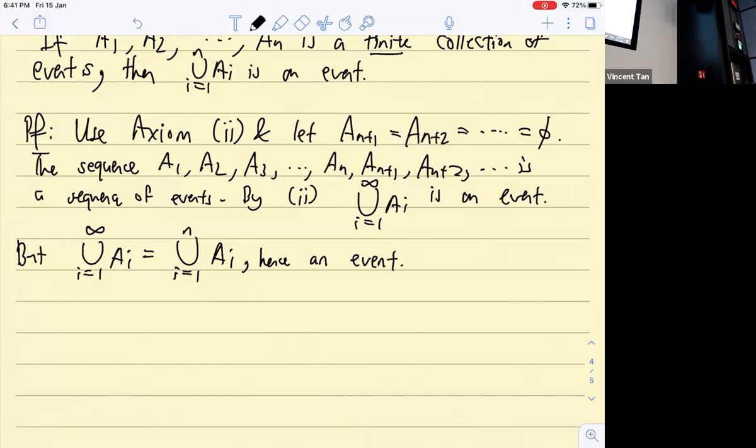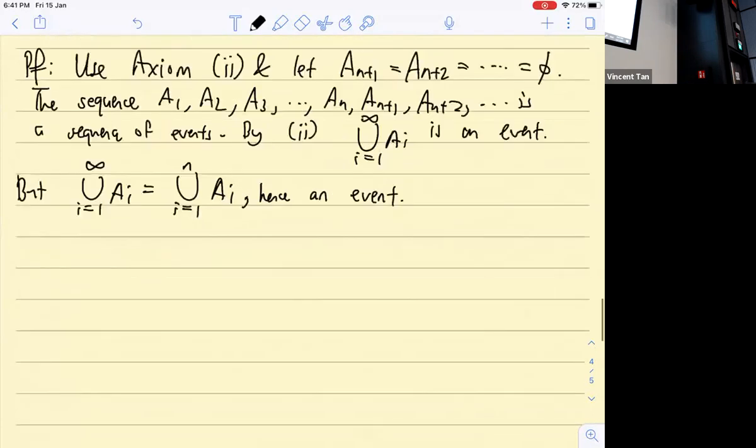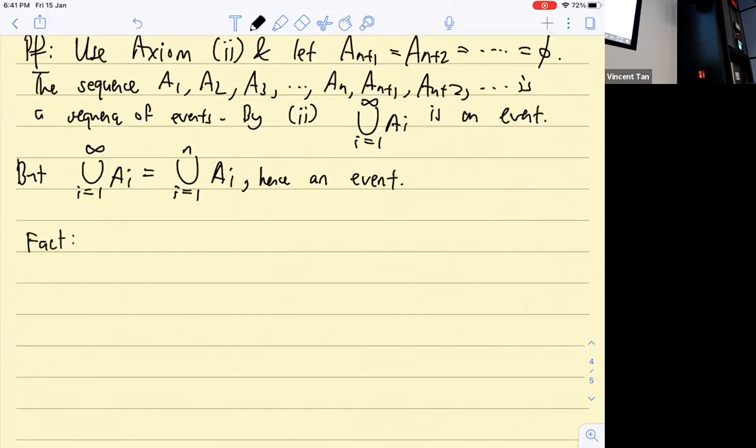Okay, what's the next fact? After I talk about all these philosophical things. The next thing we want to prove is that every finite or countable intersection of events is also an event.